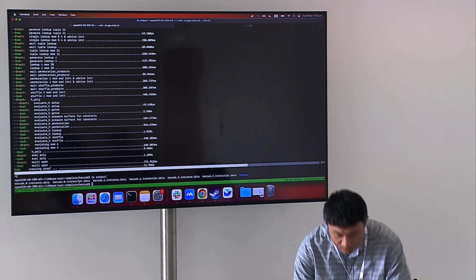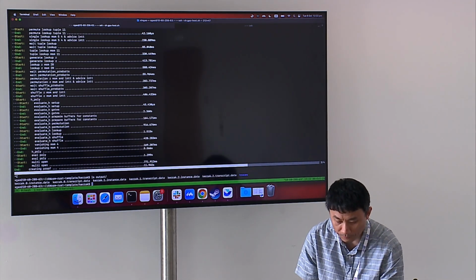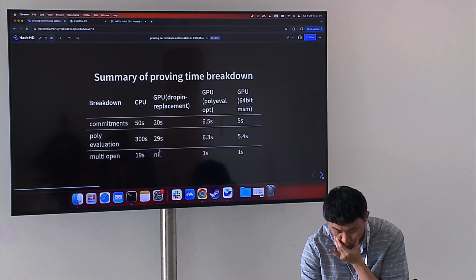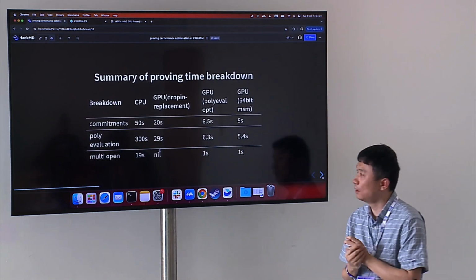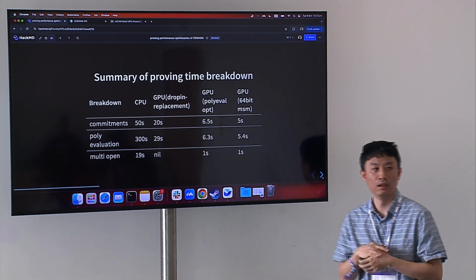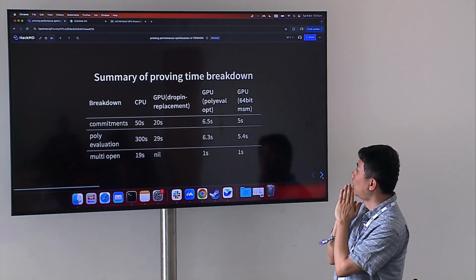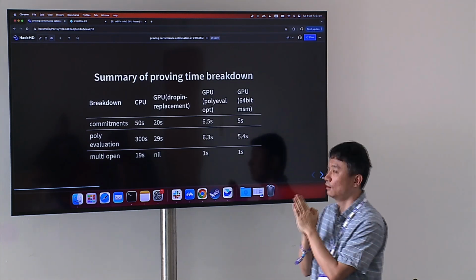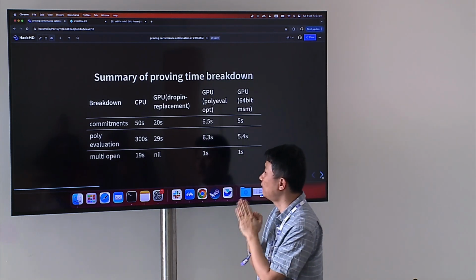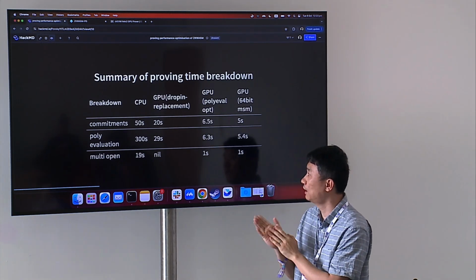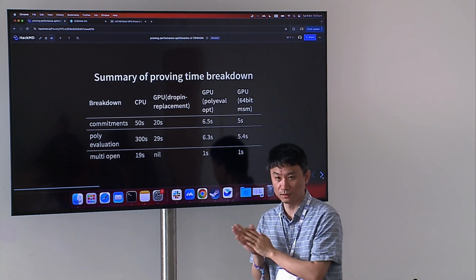Okay, but this is not the case on CPU. This is the benchmark breakdown of how it used to be on CPU. In CPU, poly evaluation takes about 300 seconds, and commitment is about 50 seconds.